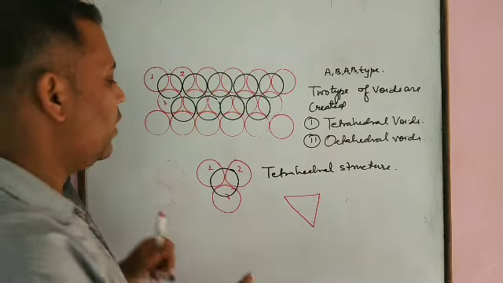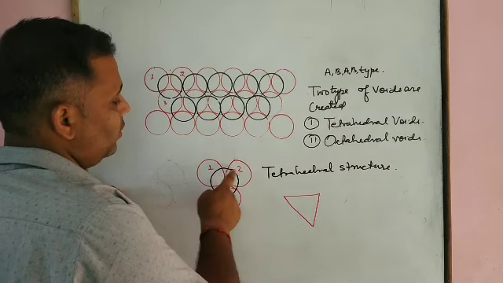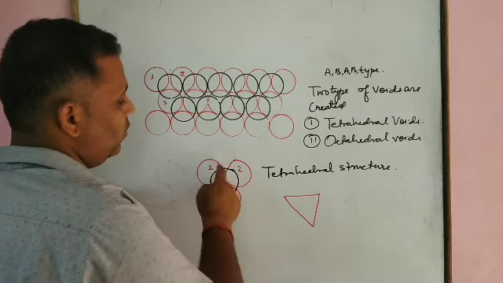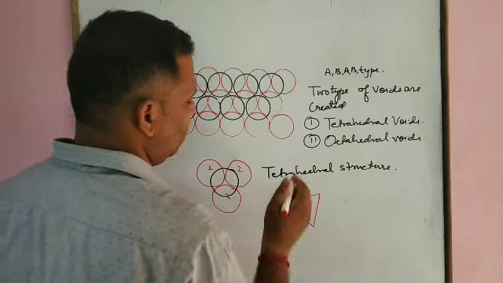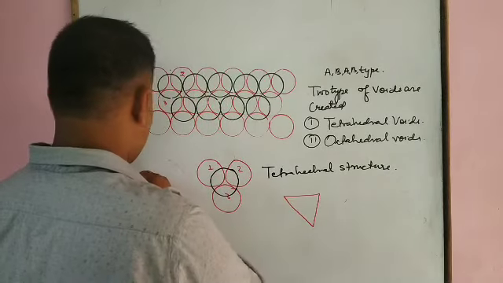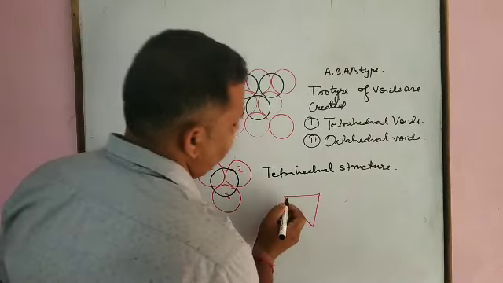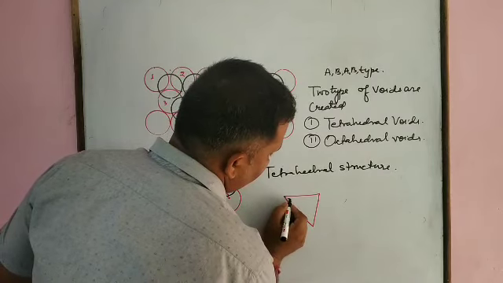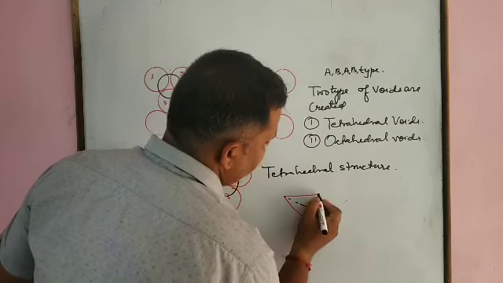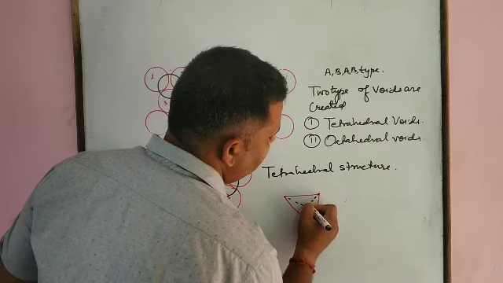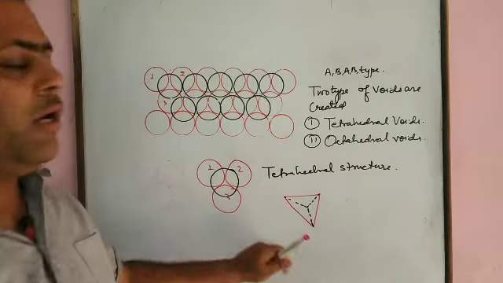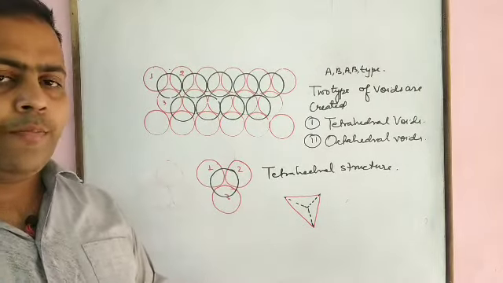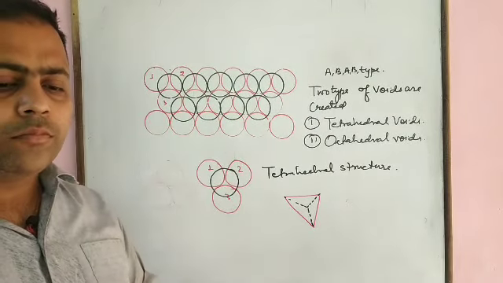And if we join the centers of 1, 2 and 3 to the upper sphere, it forms like this. A tetrahedron is created. Clear?